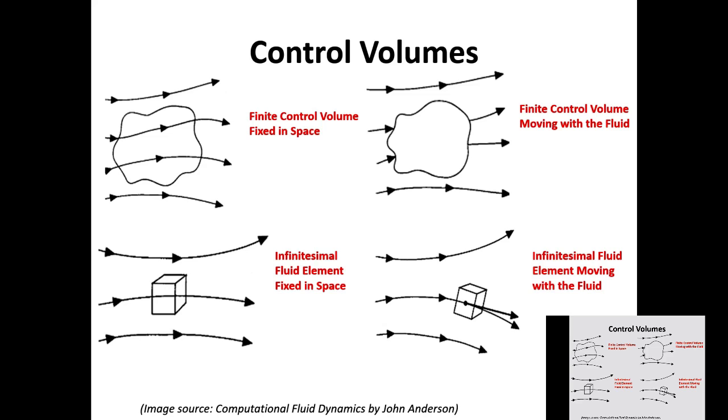A good analogy to this is the flow on a motorway, where vehicles move along. If you go on a bridge and watch those vehicles moving, you will see that the vehicles are moving at 70 miles per hour.